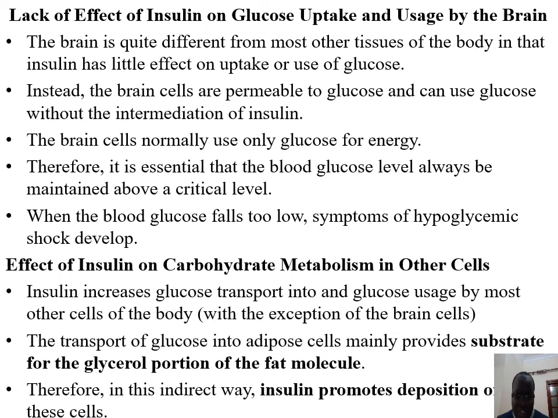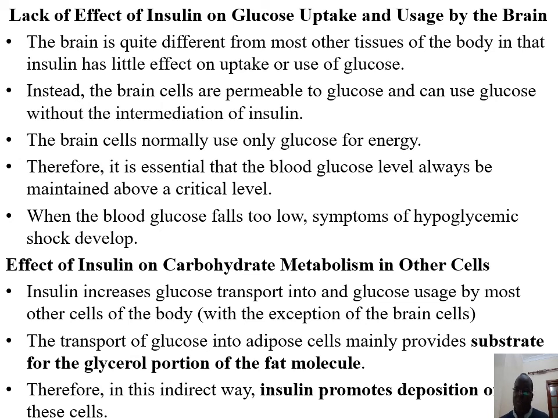Effect of insulin on carbohydrate metabolism in other cells. Insulin increases glucose transport into and glucose usage by most other cells of the body, with the exception of the brain cells, of course, because they're not depending on insulin. The transport of glucose into adipose cells mainly provides substrate for the glycerol portion of the fatty acids. So even for the production of fatty acids or fat molecules, you need the glucose that will provide the backbone.